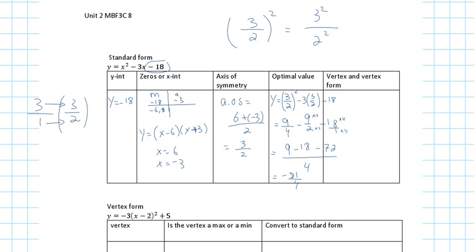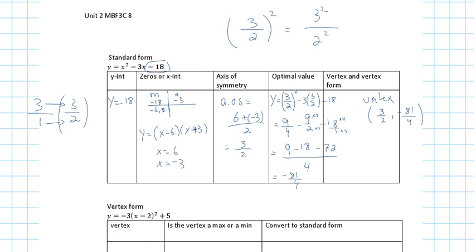Negative 81 over 4. So what's my vertex? It's 3 over 2 and negative 81 over 4, right? That's my vertex.